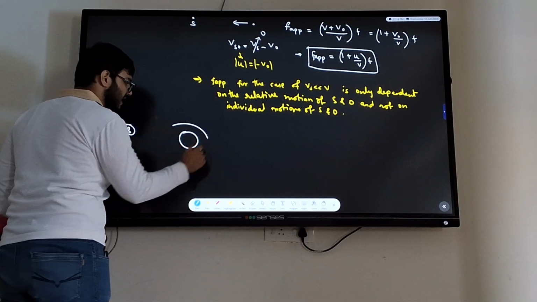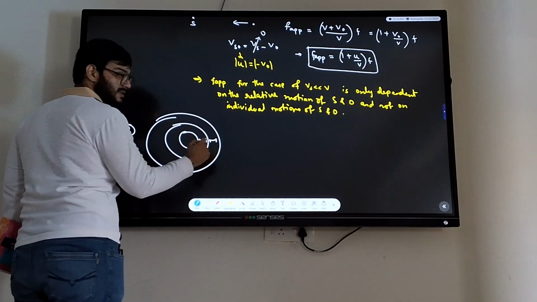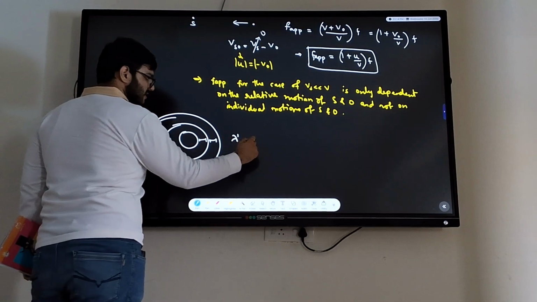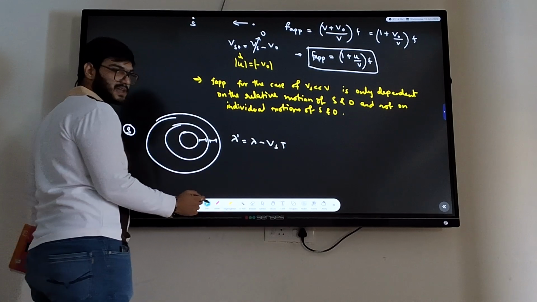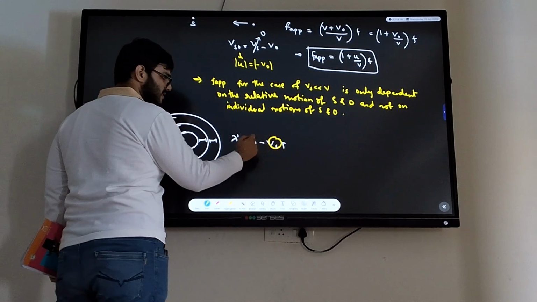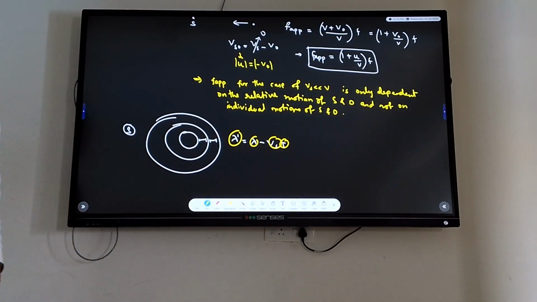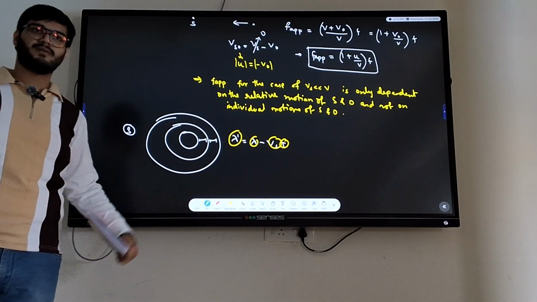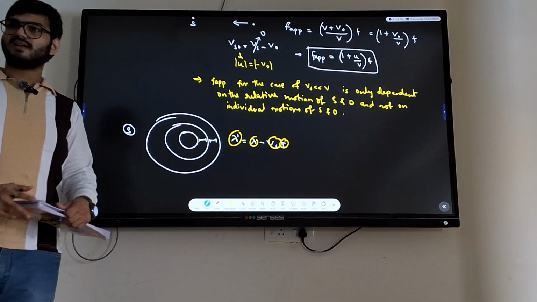Do you remember this diagram that I made yesterday? The distance between them, this lambda dash, was lambda minus Vs T. Na? Since the speed of the ambulance is a constant, this is a constant, so lambda dash is a constant as well as soon as you pick a speed. The lambda dash is constant, that means what?